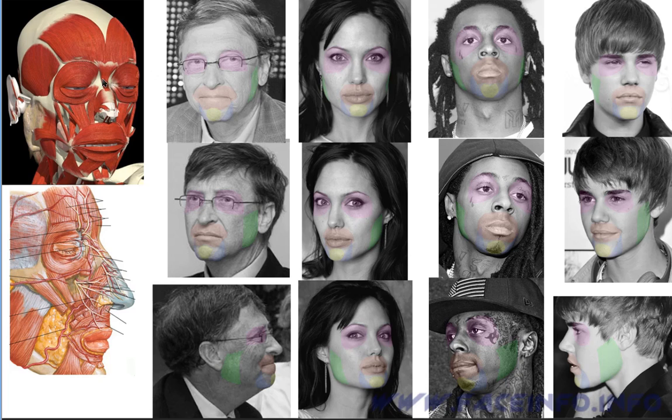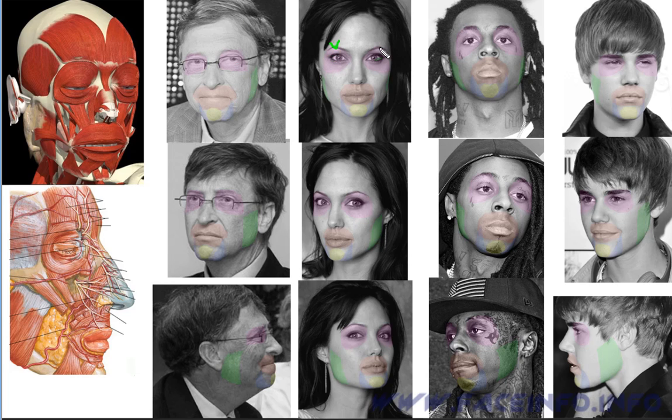Because this is the area of procerus muscle. This muscle. The orbicularis oculi muscle goes outside the eye socket, including the area of brows.